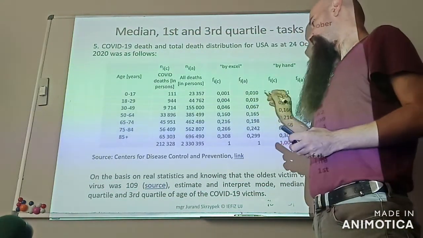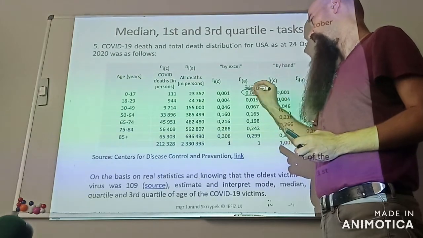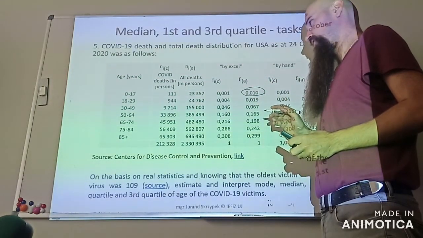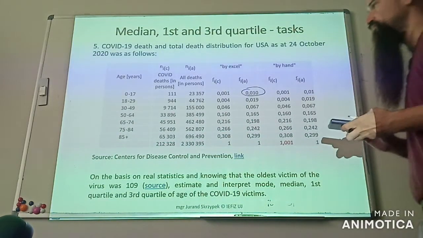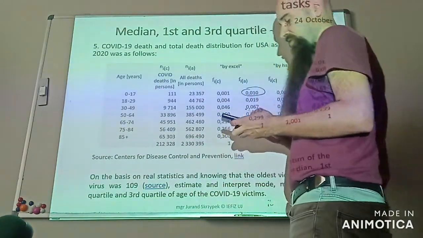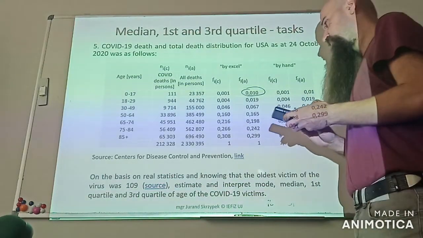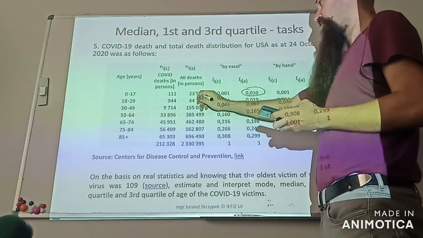For example, let's take the first value of relative frequency for all deaths in the US, persons between 0 and 17 years.